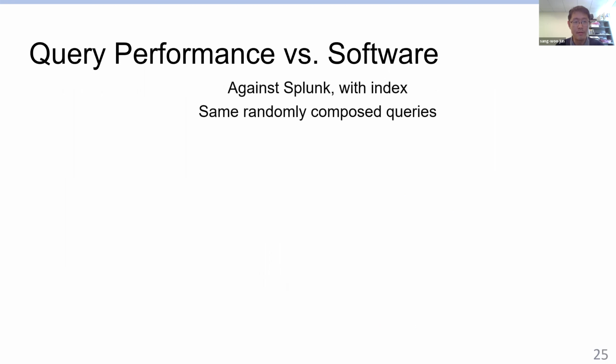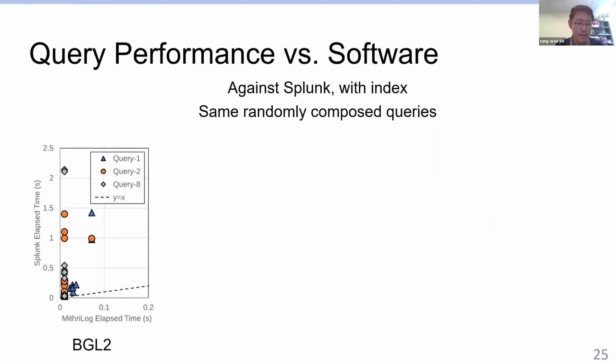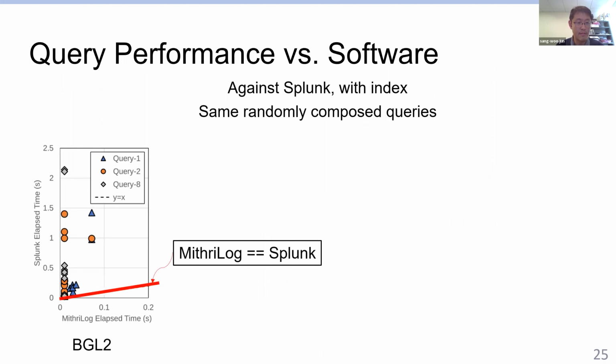Comparing the end-to-end query performance against software, we compare against Splunk with index and the usual optimization, using the same randomly composed queries. This chart plots the elapsed time of Splunk software on the y-axis against Mithrilog, the name of our system, on the x-axis.